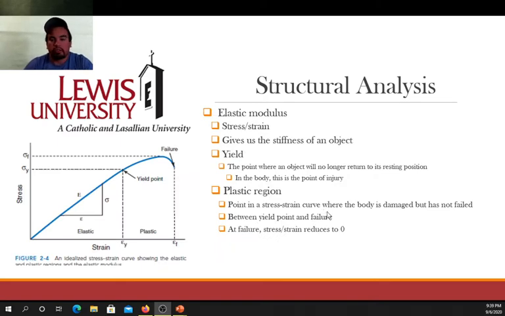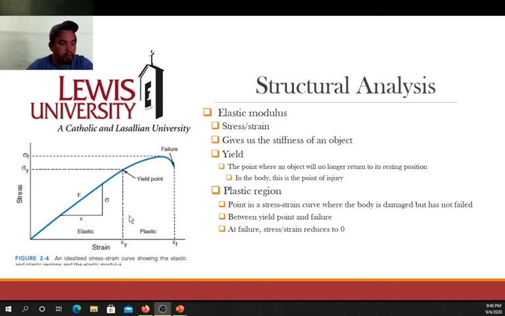So when we're looking at a structural analysis, we're typically looking at the elastic modulus, figuring out how much bend and how much force we can put through this structure before it starts to fail on us. It gives us the overall stiffness of an object. Now in this first area here, my mouse does show up, this is the sweet spot for us.